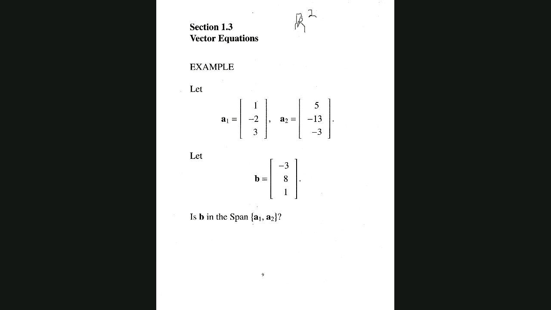That's two-dimensional space. Matthew says the vectors live in R3, and they do. They live in three-dimensional space. And we want to know if the vector v is in the span of these two vectors. Is the vector v in the span of A1 and A2?